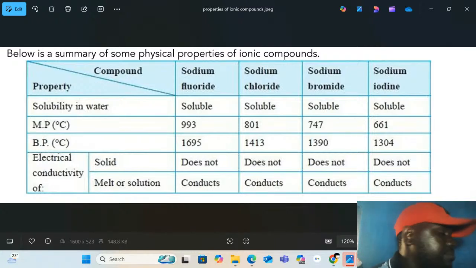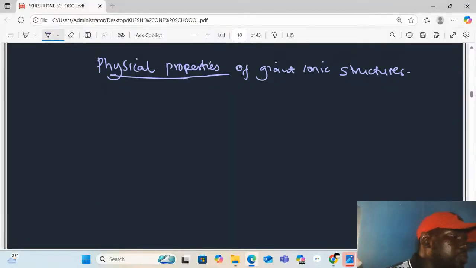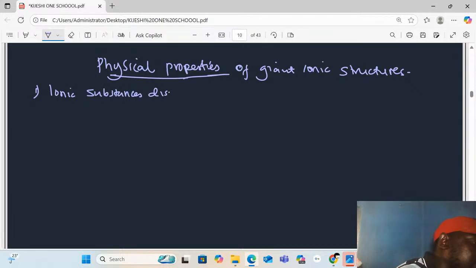Now I can give the summarized work about these charts and the relevant questions that can be asked. So from what we had seen, all these substances are soluble in water. So we can say, number 1, ionic substances dissolve in water. Why?